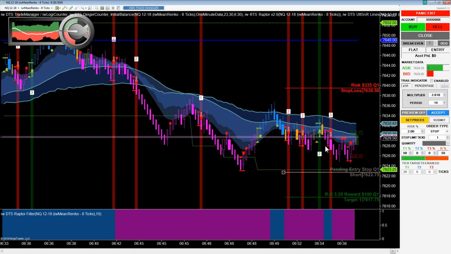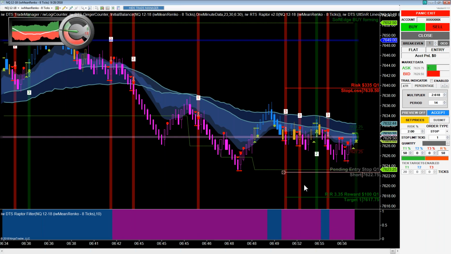The hash mark is always just a suggested entry. You don't have to enter on the hash mark. So once again, it kind of goes back to context. If the market's looking like, hey, we could be in a little bit of a sideways skid, then go ahead, adjust your entry accordingly.